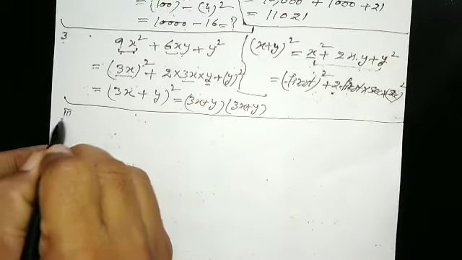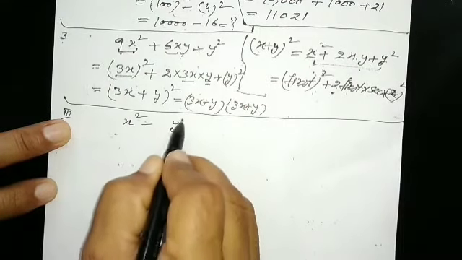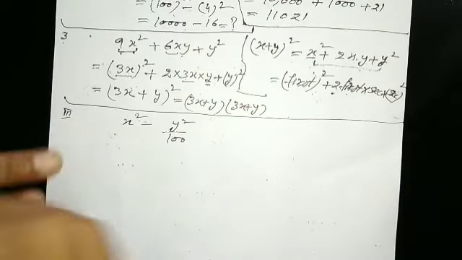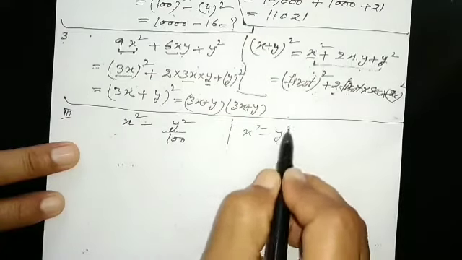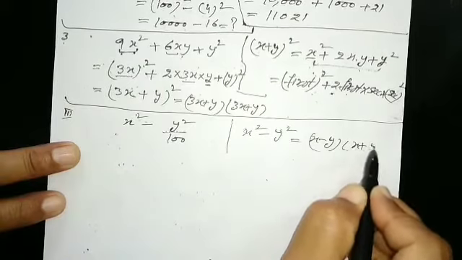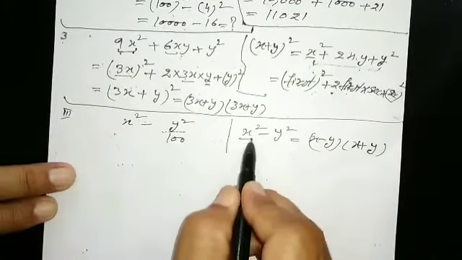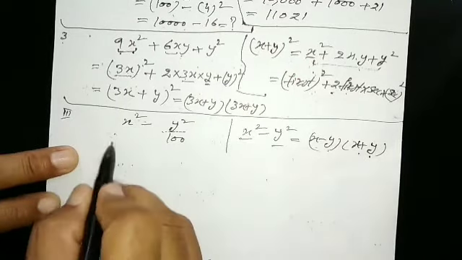I am taking the third part also of this question, x square minus y square by 100, and we say the form of identity used here is x square minus y square. What is that? x minus y, x plus y. And keep in mind, this is first, this is second: first minus second, first plus second, right?